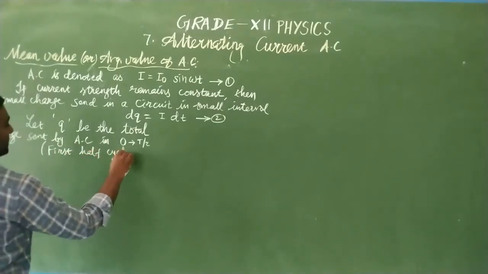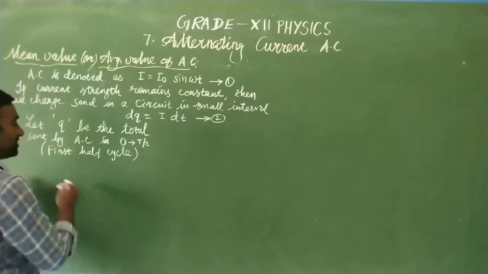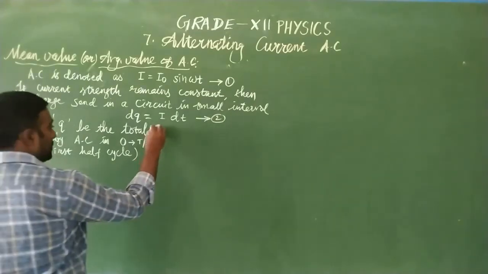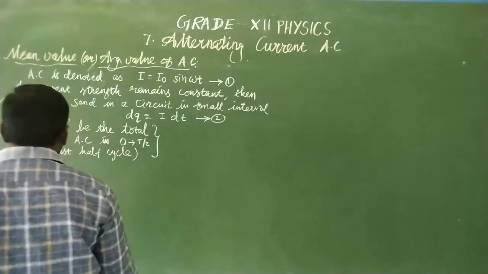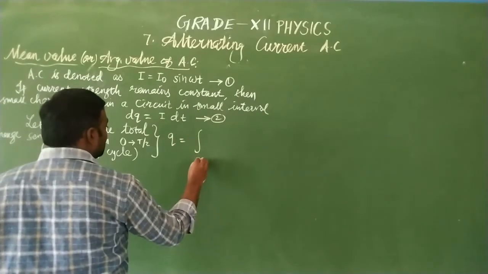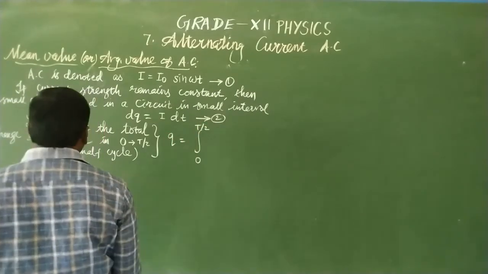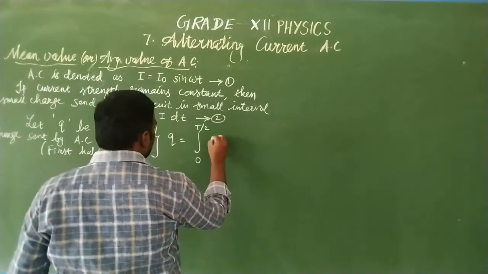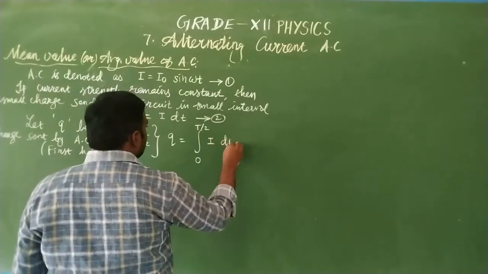During the first half cycle, let Q be the total charge sent by AC. Okay, so we need to integrate. So Q be the total charge, we need to integrate from the limit 0 to T by 2, I dt.